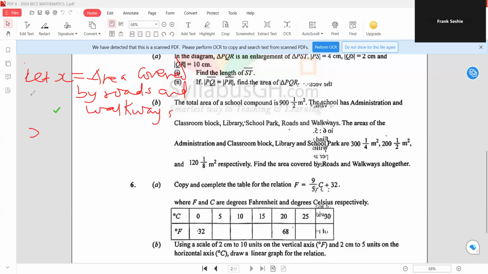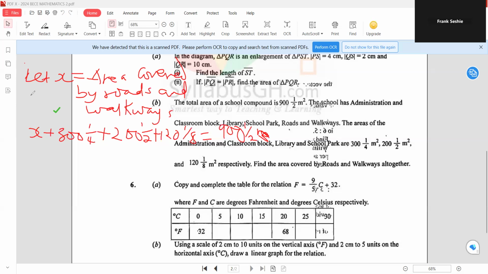So X plus 300 and a quarter plus 200 and a half plus 120 1/8 should be equal to 900 and a half meters squared, right?